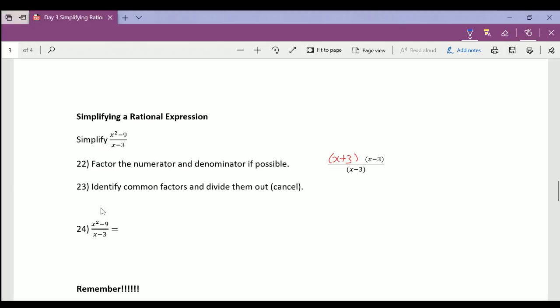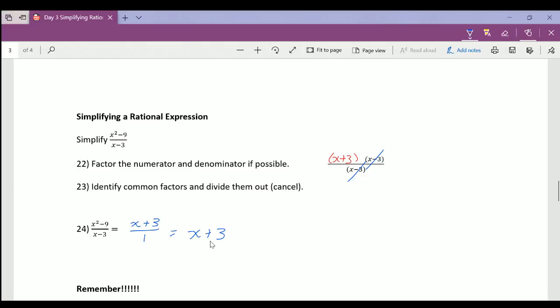Identify common factors and divide them out. X minus 3, sitting here in parentheses, is on both the top and the bottom. So we can cancel that out. That means we've got x plus 3 over 1, if you want to leave that there. Or since that 1's not really doing anything, we can just say x plus 3.